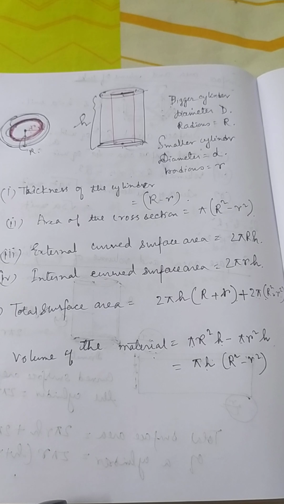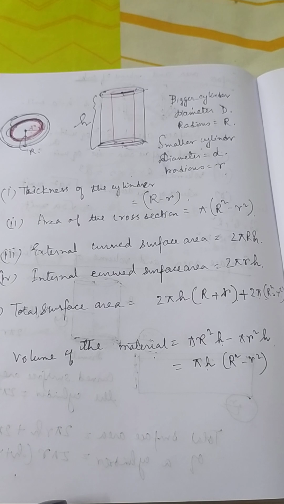As we all know, the perimeter of a circle is 2 pi r, and as height is considered in the case of a cylinder, the curved surface area will be 2 pi r h. For the inner smaller cylinder, it will be the same, but capital R will be changed. Here we will consider the small radius, so it will be 2 pi small r h.